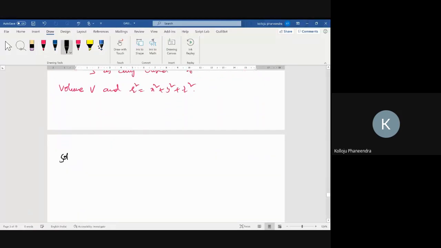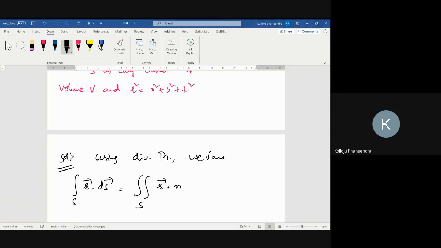Solution. Using divergence theorem, this is the integral over S of r bar dot dS bar. Integral over S means it is a surface integral. dS bar is nothing but n bar dS.